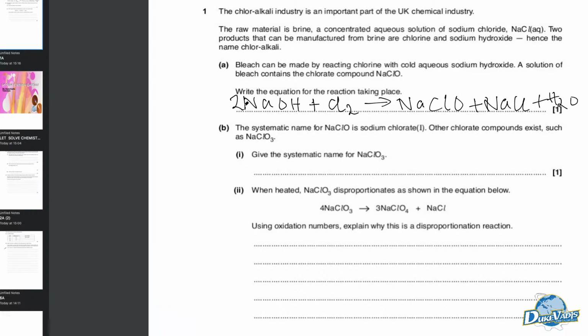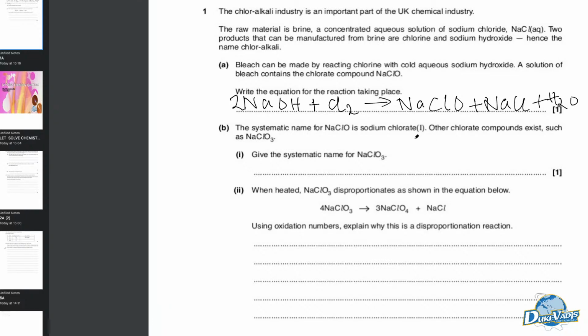Now the question in B(i) is that the systematic name for sodium chlorate is sodium chlorate(I). Other chlorate compounds exist, such as sodium chlorate(III). Give the systematic name for NaClO3. Okay, so in this case, how do we name this one? Since the compound is in a neutral state, the summation of all oxidation numbers within is 0.